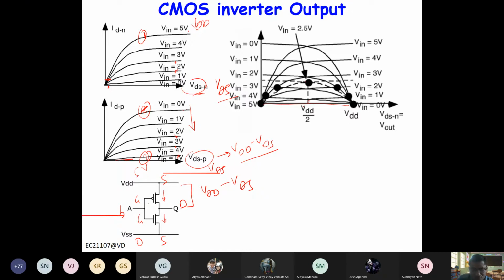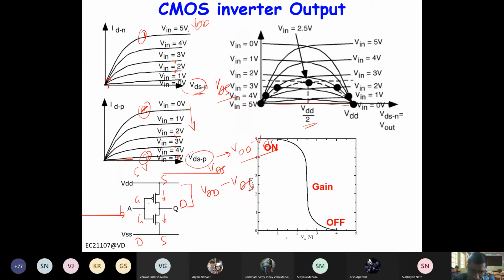Now there are different mobilities for electrons and holes, so it may not be exactly VDD by 2, but assuming they have identical characteristics, your output characteristic will be symmetrical. So what you have here basically, for a small input voltage, your PMOS is on, output is high.